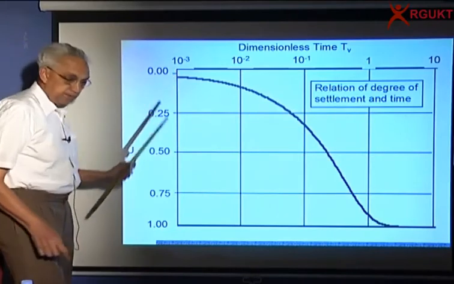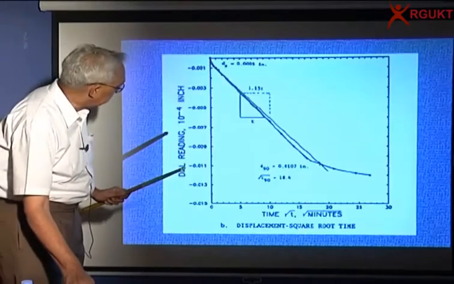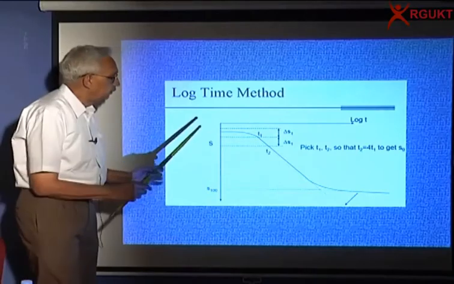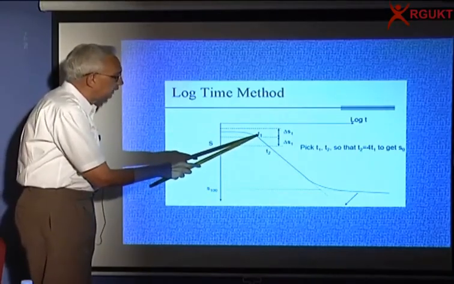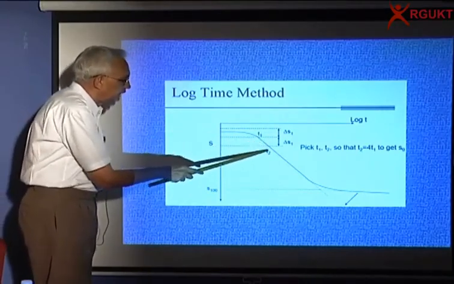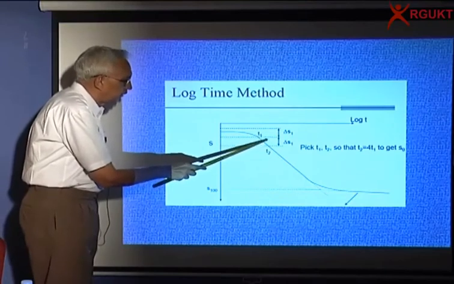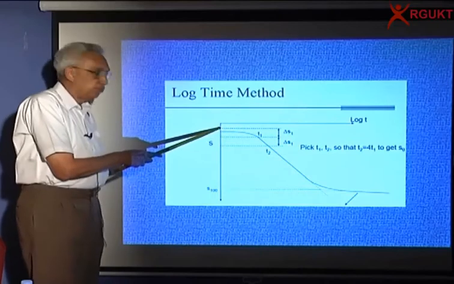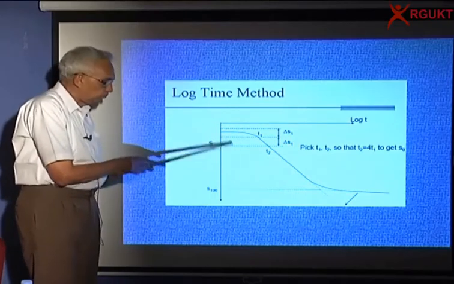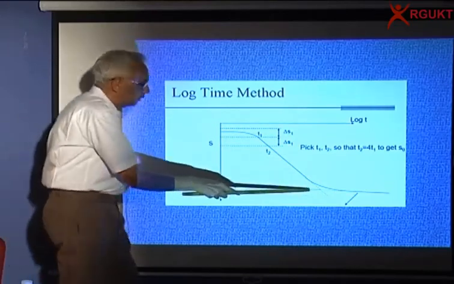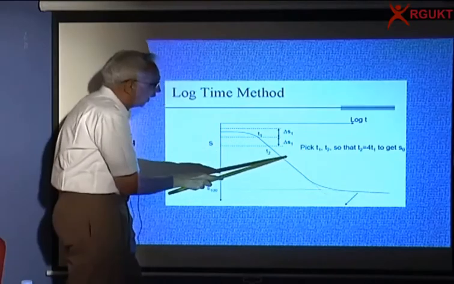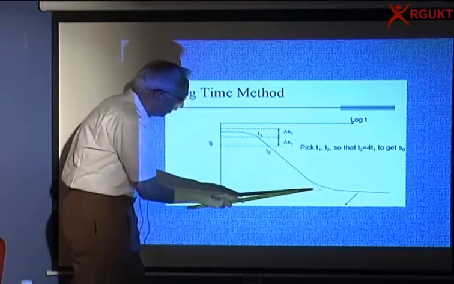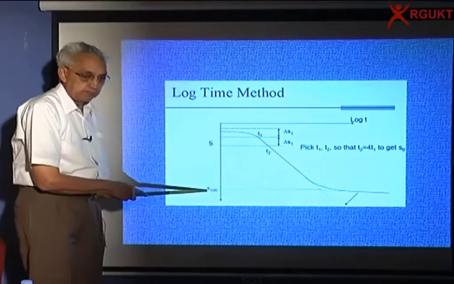So you need to find out what is the settlement at t equal to 0. What we do here is take two small increments, t1 and t2, and whatever settlement there is between t1 and t2, I put it back, and this is where I start my settlement for 0. And I have drawn an asymptote and a tangent here. Wherever they intersect, I get the 100% primary.